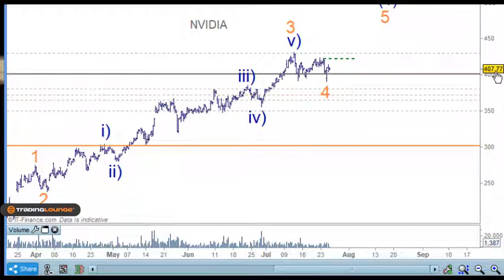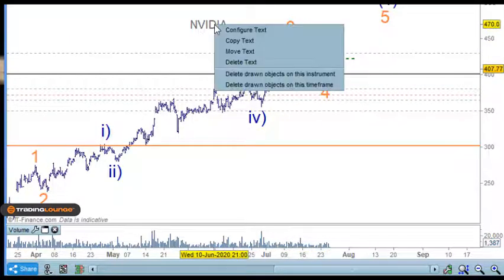Not only that, they create targets and support and resistance, and they give us a lot. The price gives us a lot. But we do have a correction here in terms of an A wave, and then an A and a B and a C wave for the B wave here, and then we've got the C wave down through here. So we can go long as a trade at that point, and as a portfolio buy you can go in.